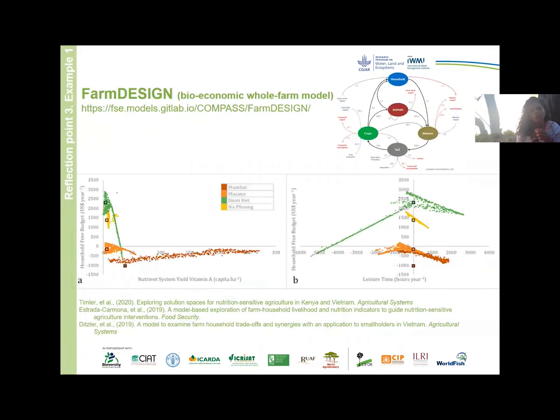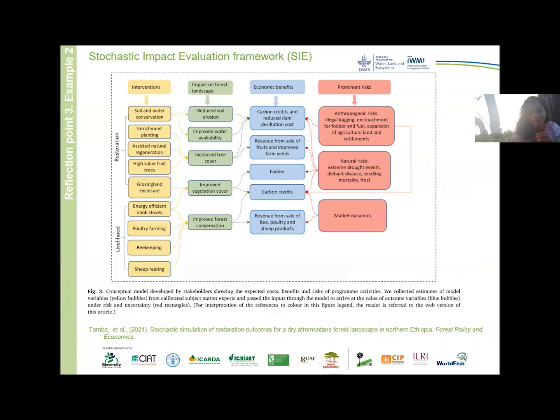One example is the bioeconomic model from DESIGN, which was developed and actively improved to account for better metrics. And here, for example, in Kenya, we see that the solutions improve vitamin A, but they don't contribute to a household's free budget. So it helps to see what are the other activities in tandem that need to be put in place to have a better impact.